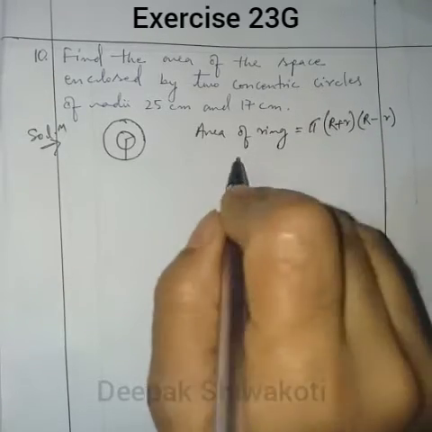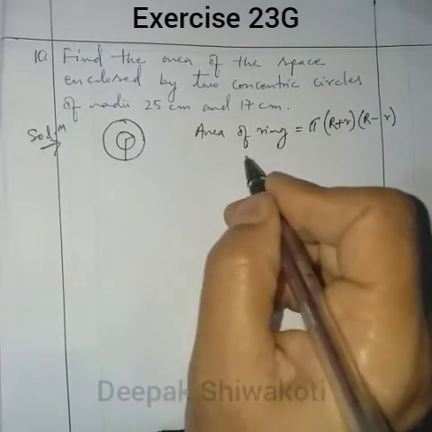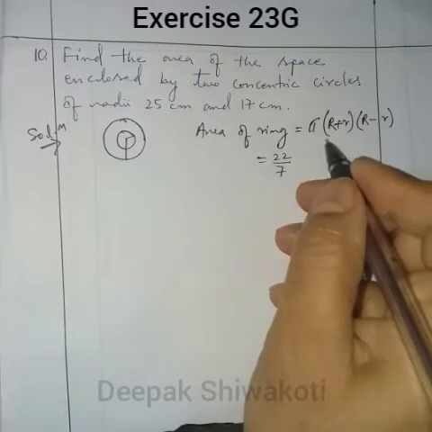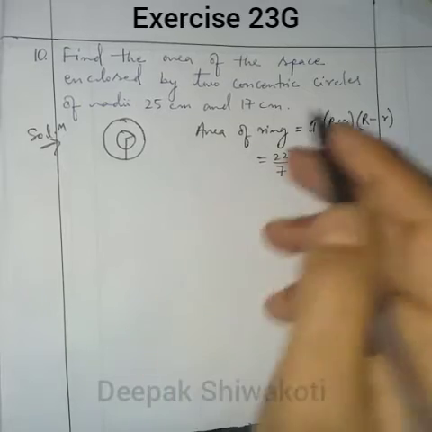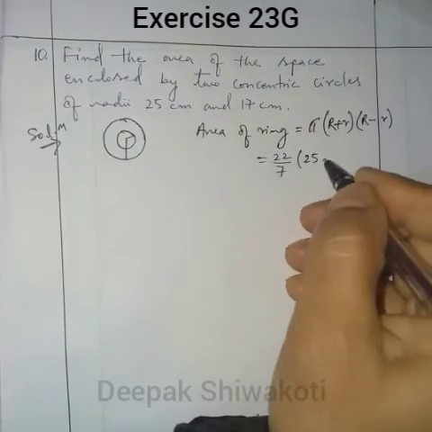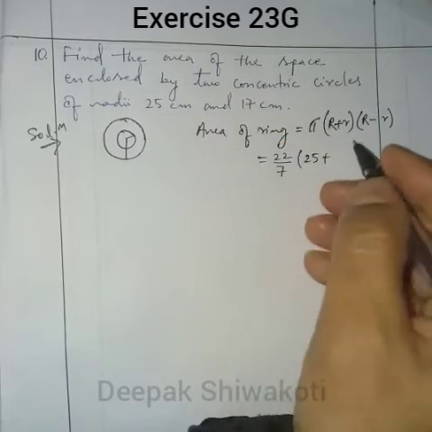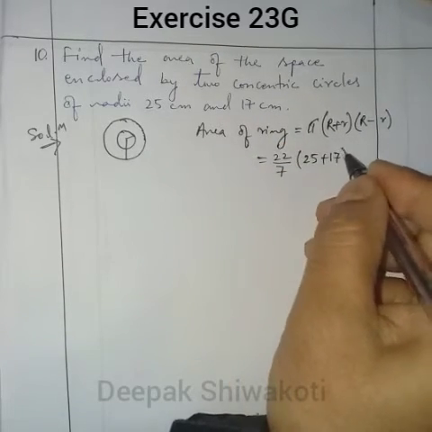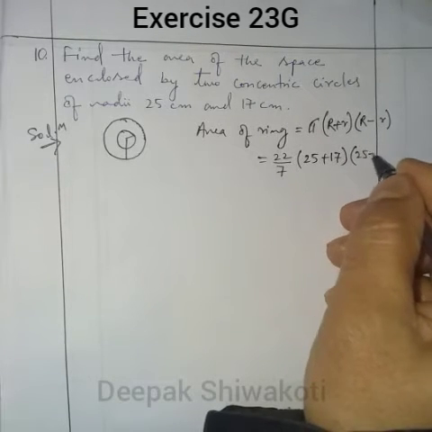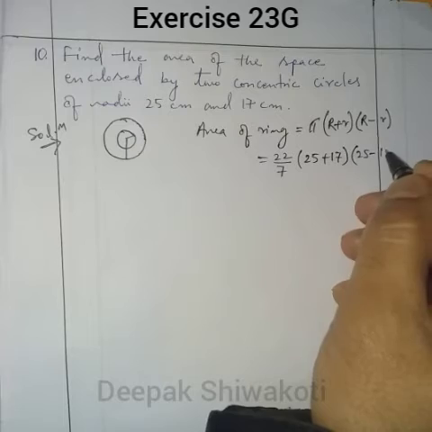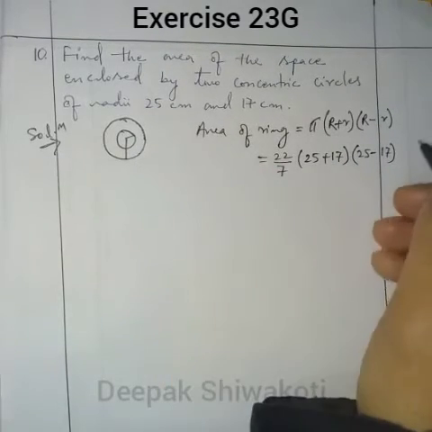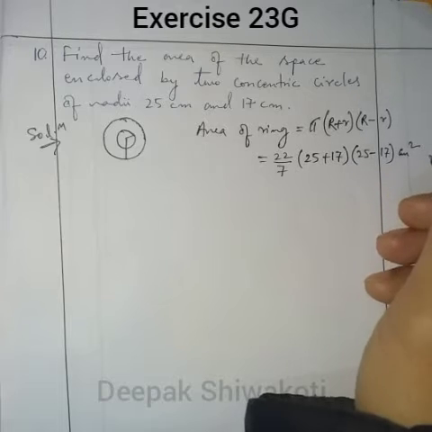Here the value of pi is 22 by 7, and capital R is 25 plus small r, the radius of the small circle, 17, into capital R 25 minus small r 17. This is given in centimeter, so the unit will be centimeter square.